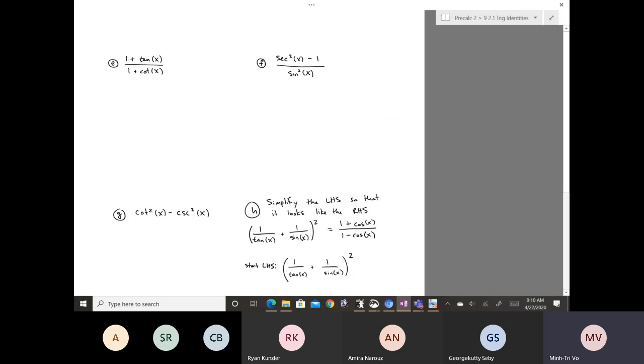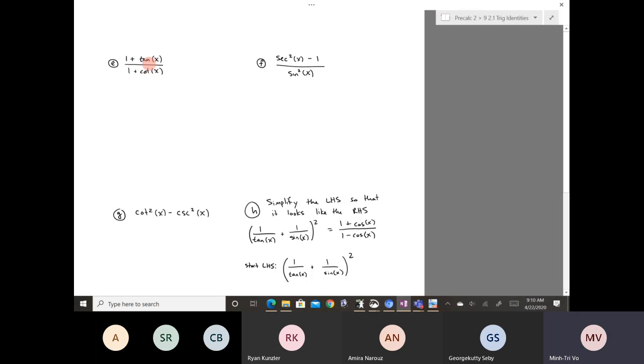However, if you're writing things in terms of sine and cosine, things become a little bit more complicated, and it might not be so easy to simplify things from there. So to make things a little bit easier, we can try to look for some other identities we might possibly be able to use, right? The 2 trig functions here are tangent and cotangent.